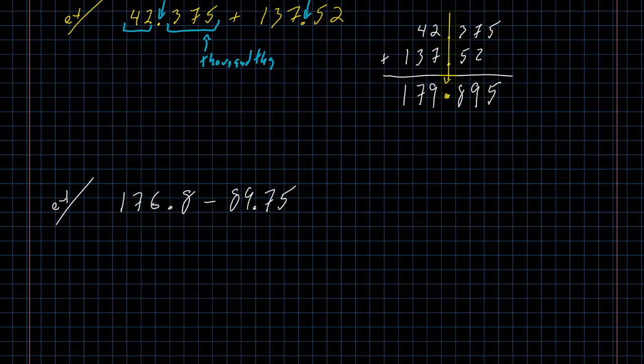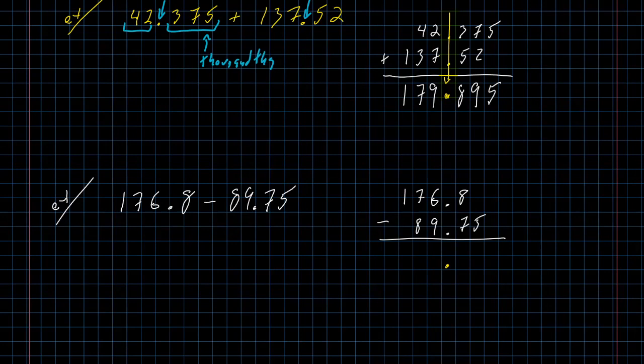We'll set this up, writing out these numbers in a column, leaving a space in a column for the decimal point. And then we'll subtract as normal. And that means that we can ignore the decimal point other than the fact that it goes straight down below where the decimal points are, and treat the number as any other number.